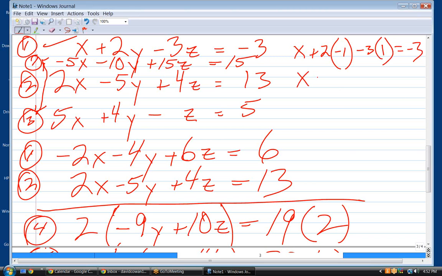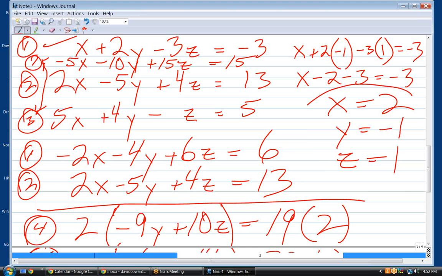What is this? This is x minus 2 minus 3 equals minus 3, x equals positive 2. So I have all three solutions. X equals positive 2, y equals minus 1, and z equals 1. That's how you do 3 equations and 3 variables.